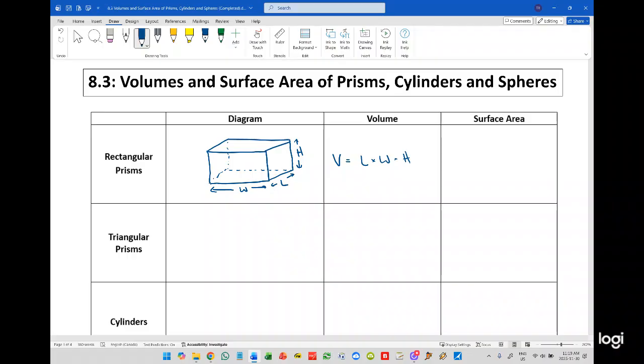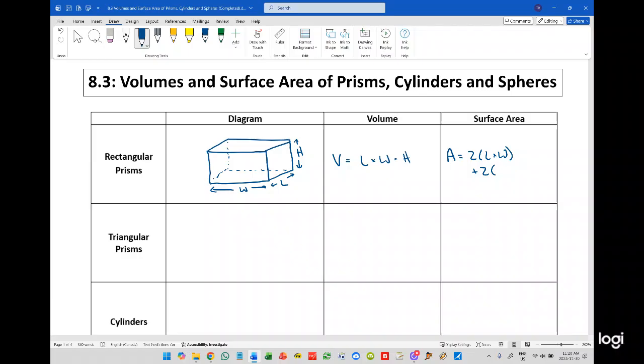So the surface area total, and some people use SA for surface area. I'm just going to use A because, again, it really is just an area. There's going to be 2 length times widths. That would be, in this case, the bottom and the top. And I'm going to really run out of room on this one because it's a long equation, or at least it's not a hard equation, but it's a long equation.